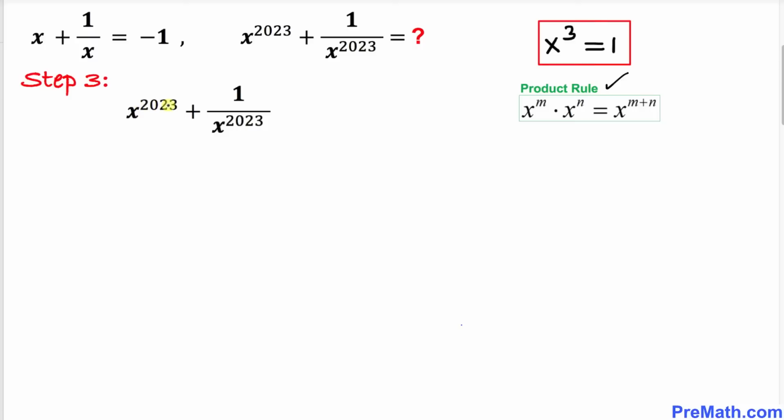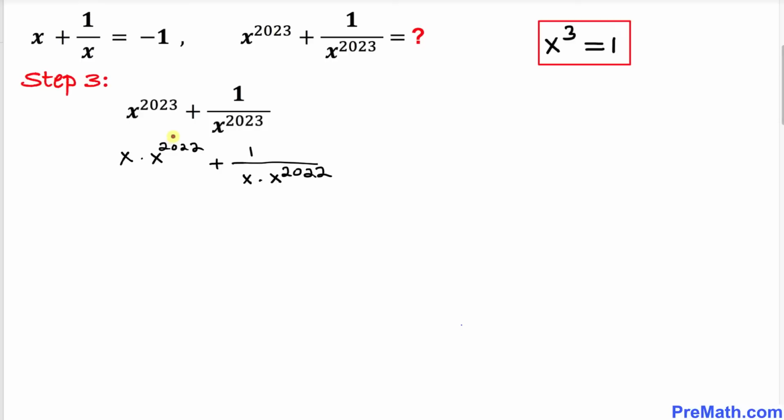So x to the power 2023 can be written as x times x to the power 2022, plus 1 over, likewise over here, x times x to the power 2022. Now let's focus on this exponent 2022. And here I have copied down 2022, and this can be factored into 3 times 674.